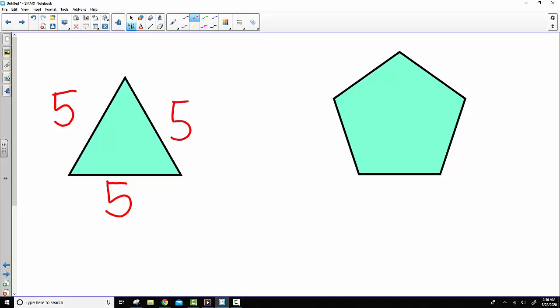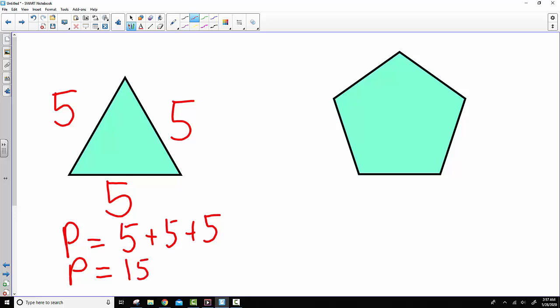Could be inches, could be feet, could be meters. But we're just going to say 5 units for now. So our perimeter, adding together, are 5 plus 5 plus 5. The perimeter for the triangle would be 15 units. The perimeter is the very outside edge of a figure.